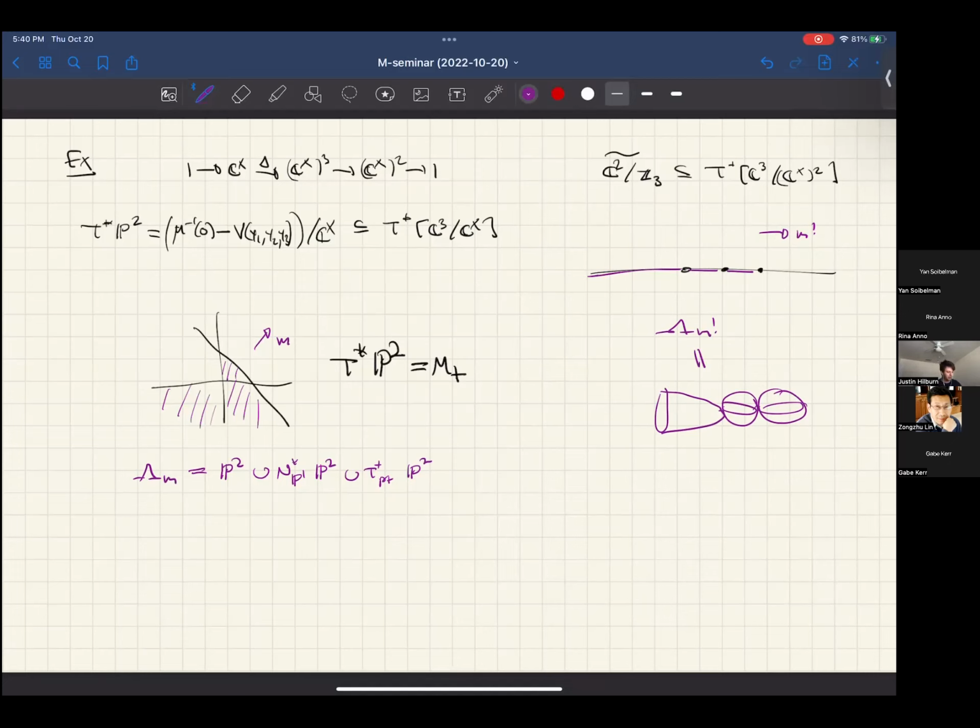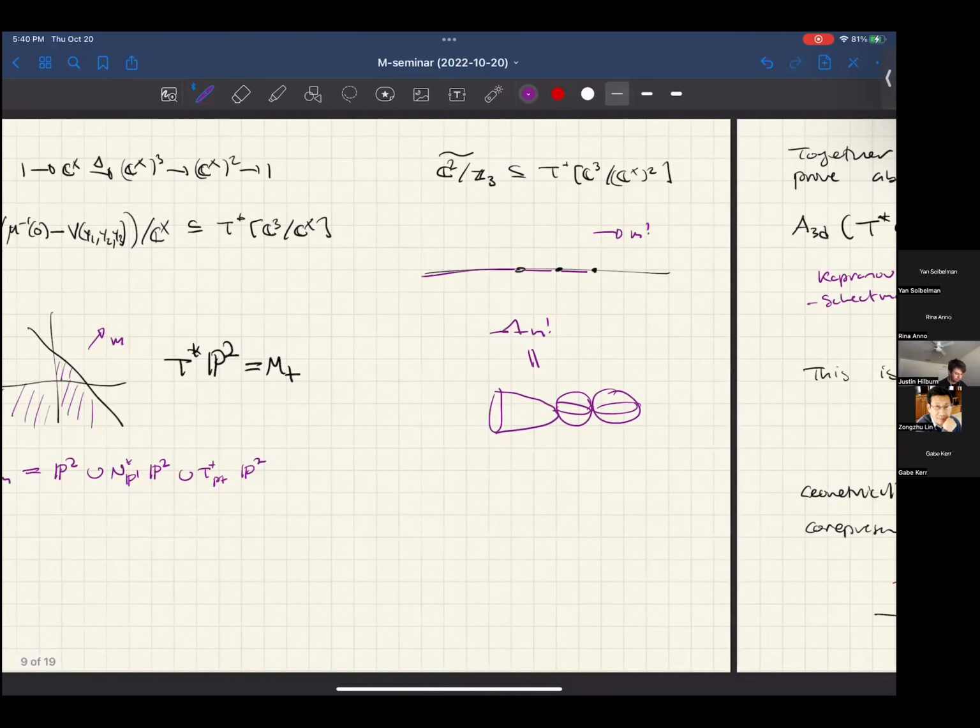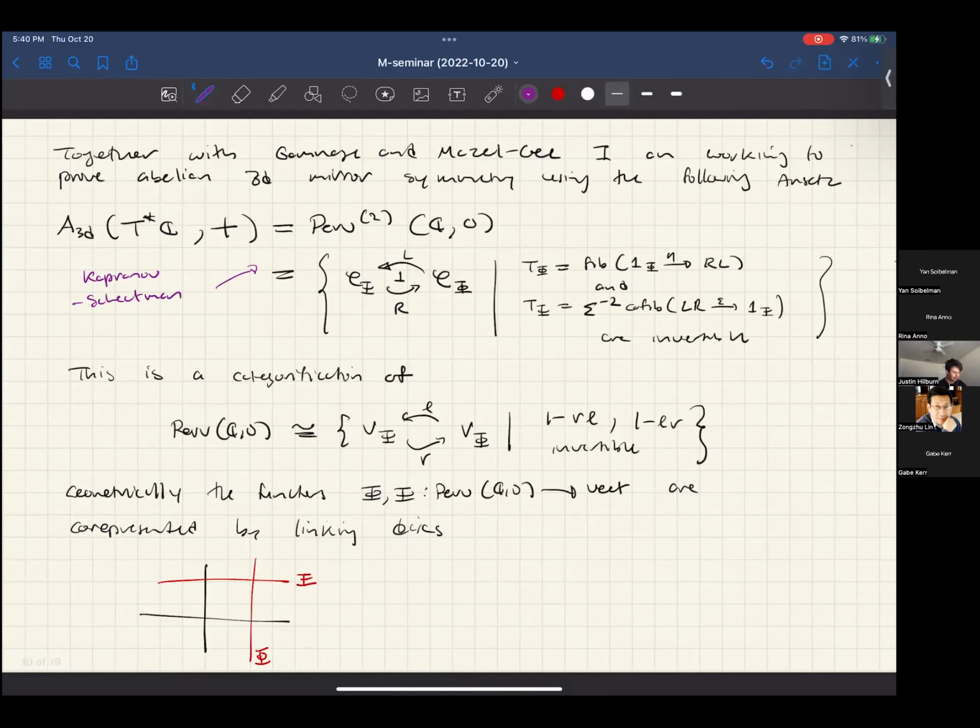This hyperplane combinatorics is basically going to let us solve this problem. All right, I guess this slide's a little bit old, so we've actually done this now.